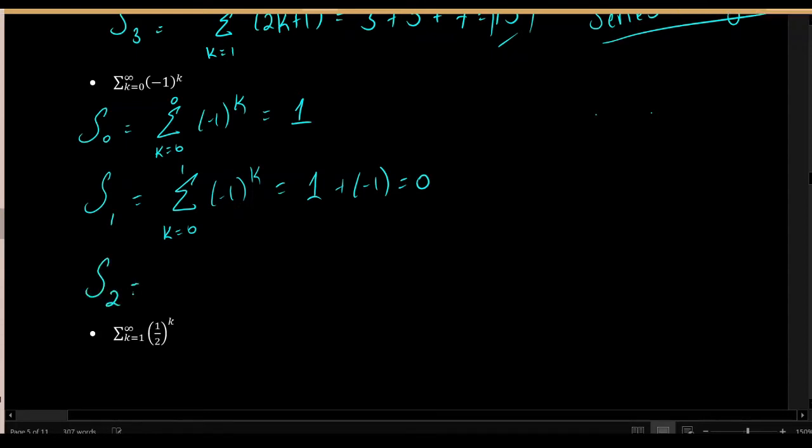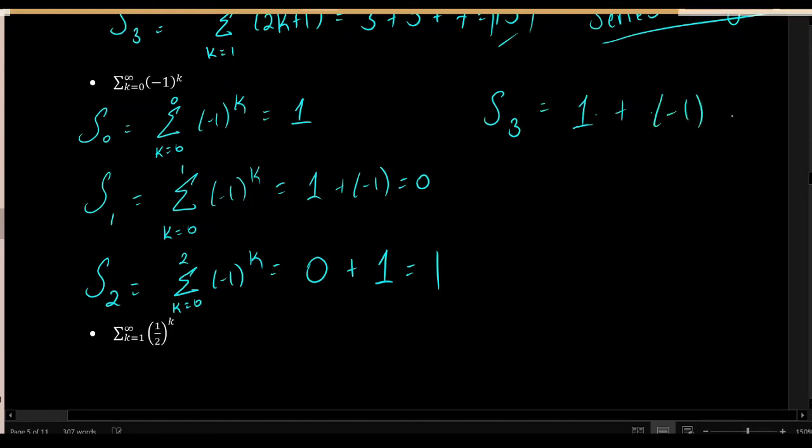If I calculate the sum up to n equals 2, then I'll get the 0 from before, plus when k is 2, I get +1, result 1. Then S3 is equal to 1 plus when k is 3, I get -1. S4 is back to being +1, S5 is equal to 0, and so on.